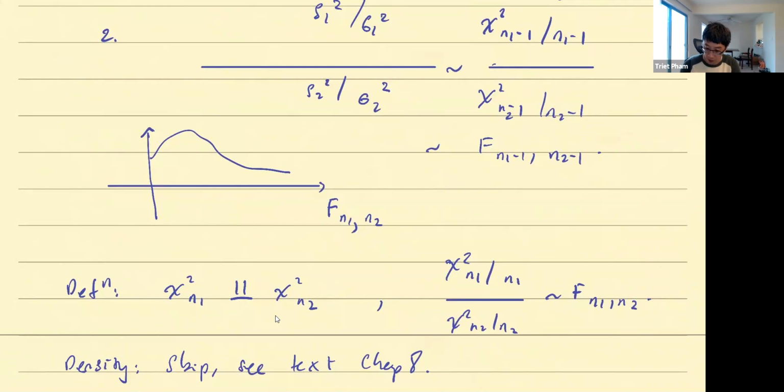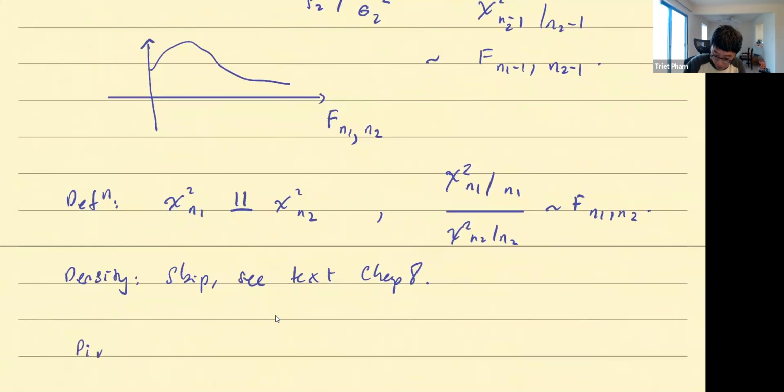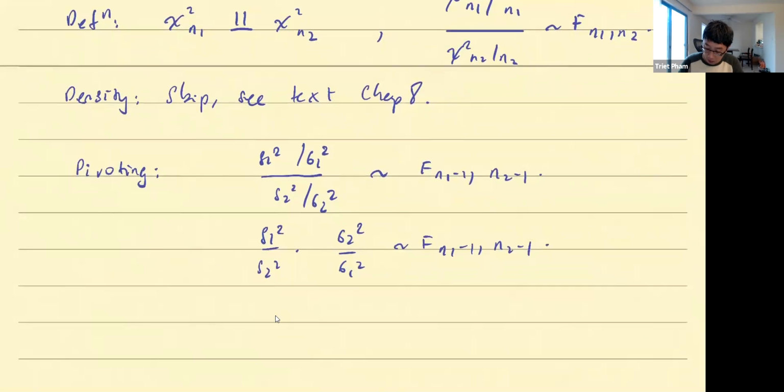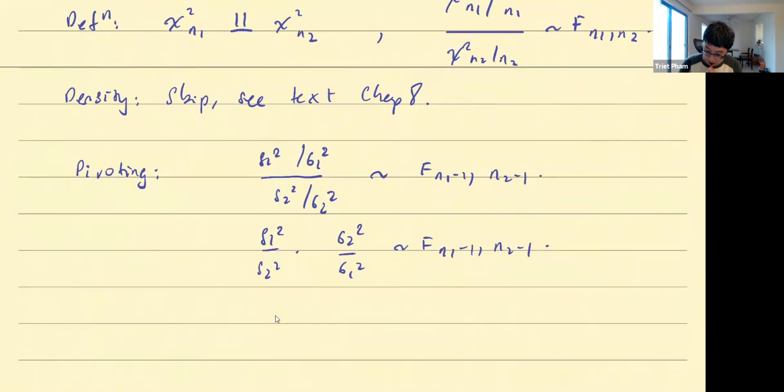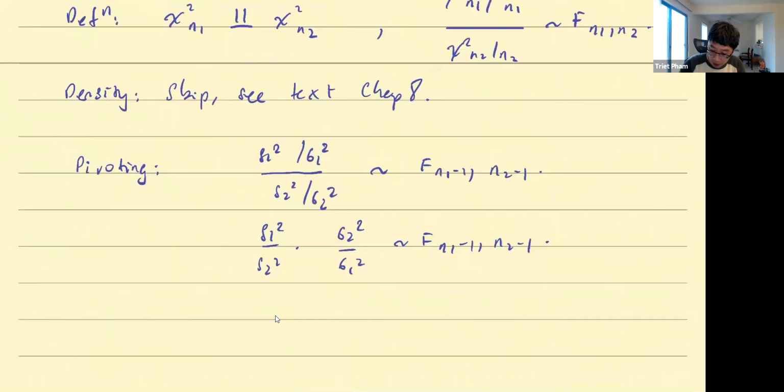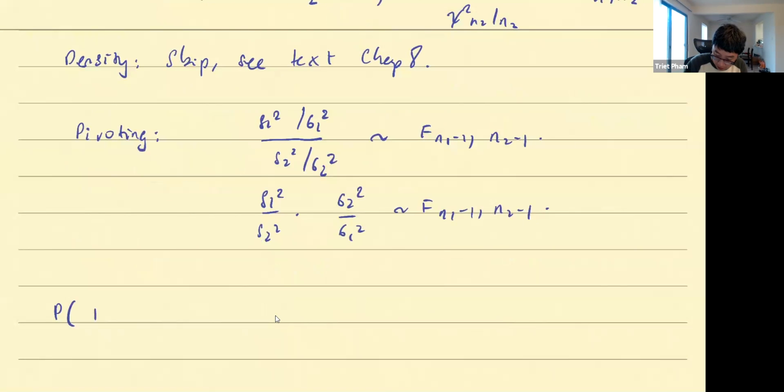Some interesting properties. So pivoting. We get that S1 square over S2 square is F with n1 minus 1 and n2 minus 1 degrees of freedom. So in other words, what we got is S1 square over S2 square times sigma 2 square over sigma 1 square is F. And because the F is like this, it's not symmetric, very much like the chi-square, you got something like this, and it's just a handful.